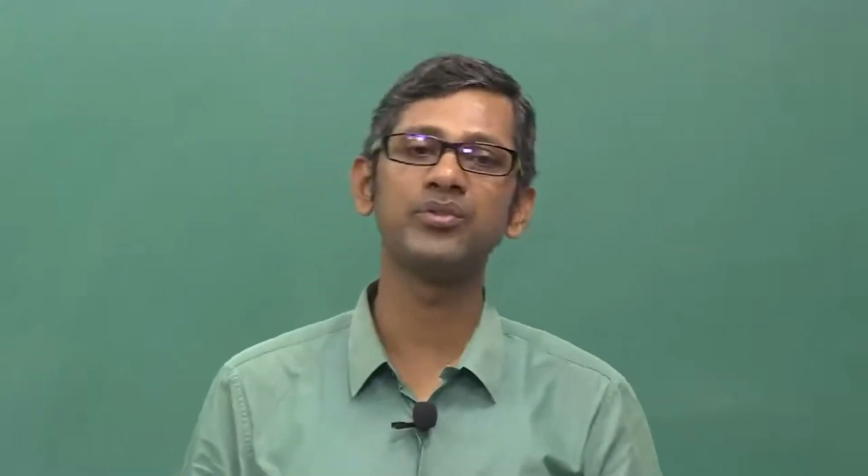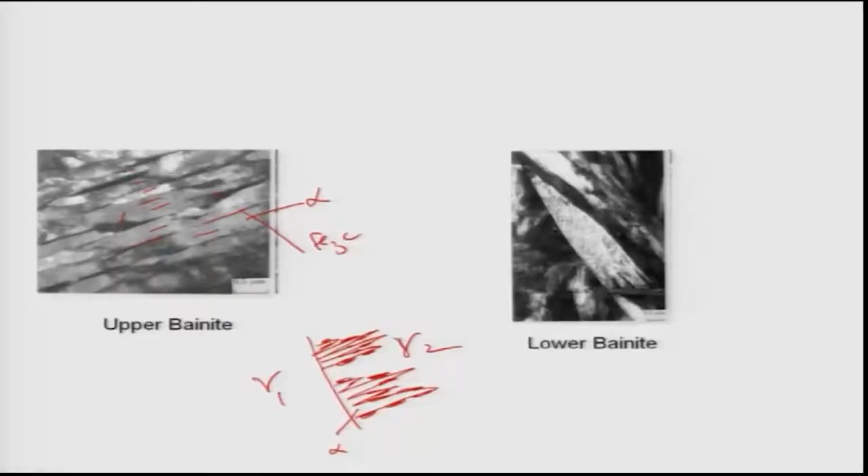Now as you quench the steel to a lower temperature, if I quench the steel to about 350 to 280 degrees Celsius, then I will have a new morphology known as lower bainite. What is lower bainite? Again, lower bainite consists of an alpha sheath or just like an alpha leaf. You see here, just like a tree leaf, it looks like an alpha leaf. Obviously undercooling is larger here, because it is undercooled to a larger extent.